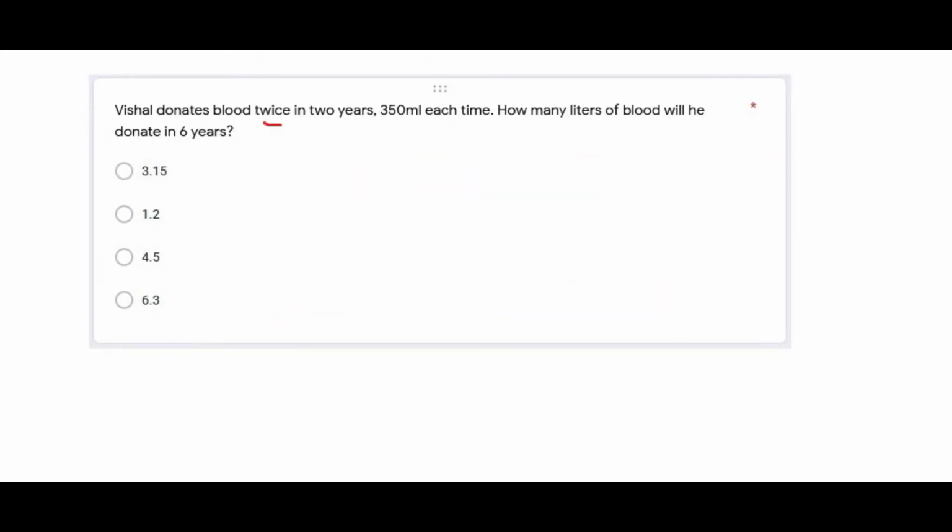This is the fourth question. Vishal donates blood twice in 2 years, 350 ml each time. How many liters of blood will he donate in 6 years? In 6 years there is a span of 3 into 2 years.